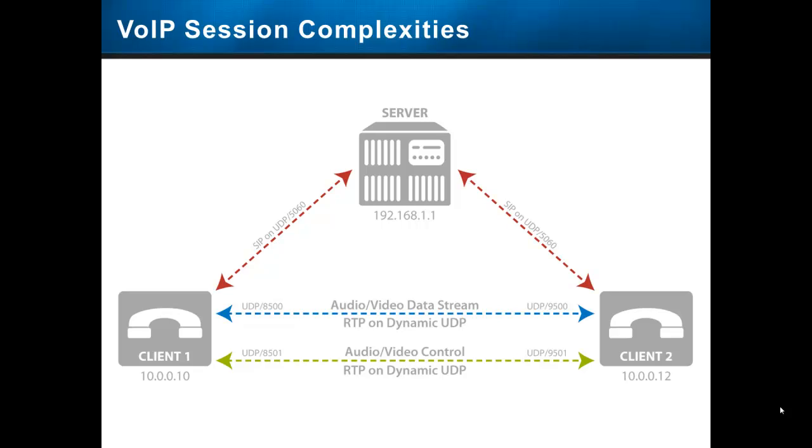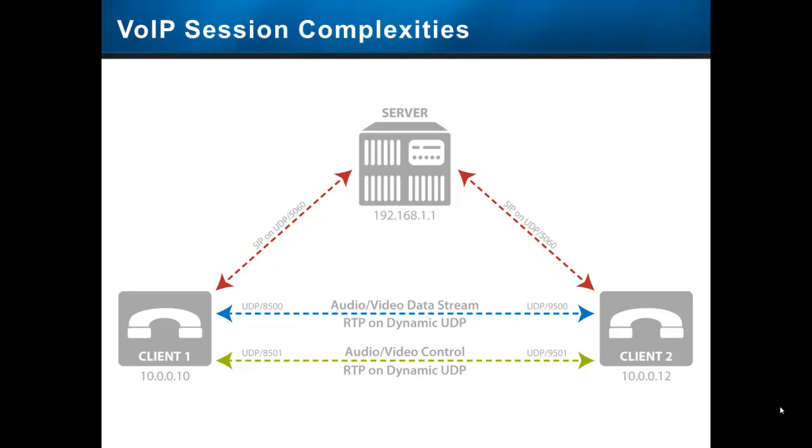Each of the clients has call setup information being exchanged with the server, as well as communicating directly to one another for call control information, as well as the exchange of the actual audio content. So when we look at even this simplistic example of a voice over IP communication, we can see that there's actually a fairly complex multi-tier application at work here.